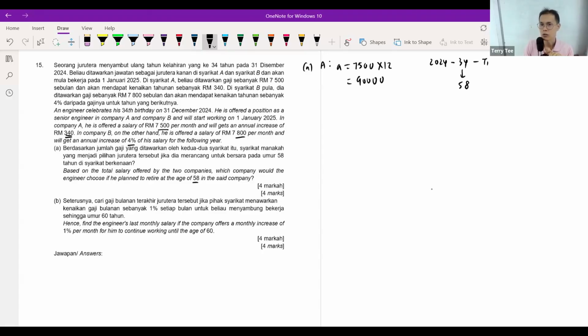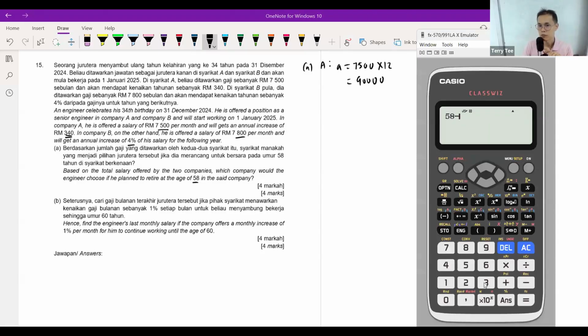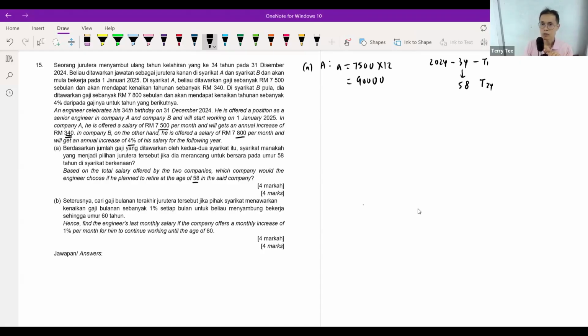T1 is 34. Then this is T1. Yeah, just keep adding one by one. So you can actually just take 58 minus 34. Don't need to plus one or minus one. It's just 24, right? Because it's not like you're from one year to another year, you have to subtract. No, 34 is the whole year is T1, right? Sorry, should I write here 2025?